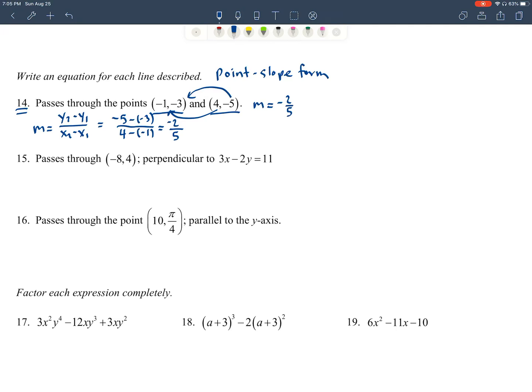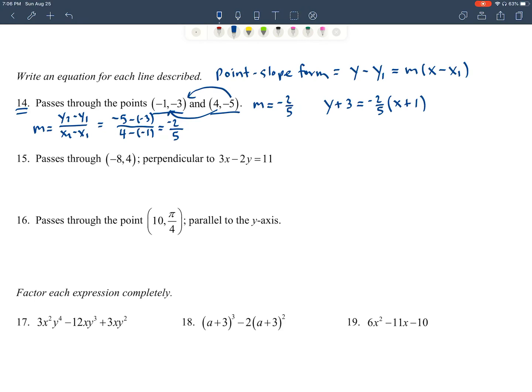Remember, point-slope form is y minus y1 is equal to m times the quantity of x minus x1. Let's take each point and create an equation with each of them, so you could end up with 2 different answers. Using (-1, -3), we get y plus 3 is equal to -2/5 times x plus 1.